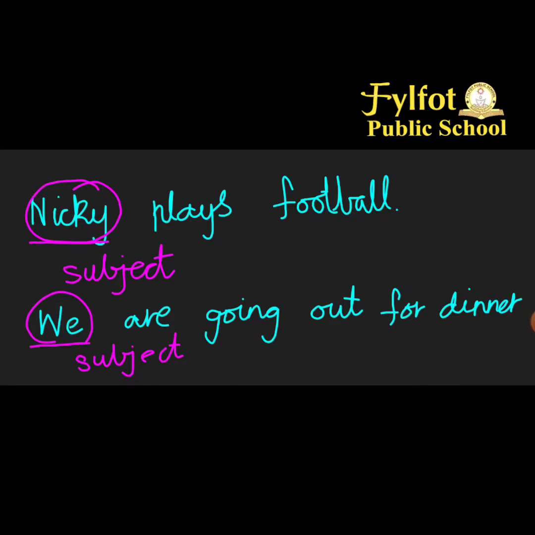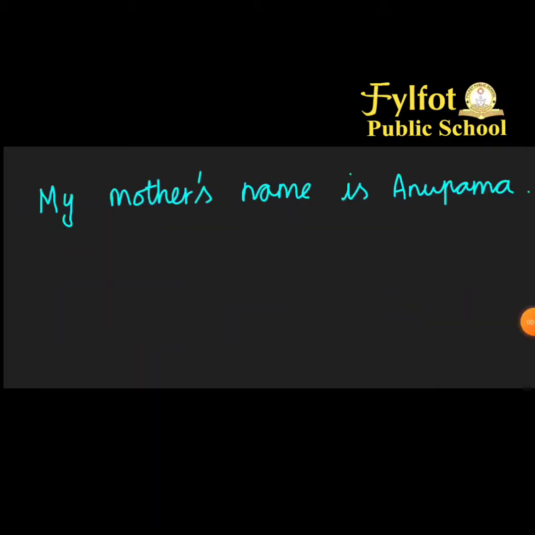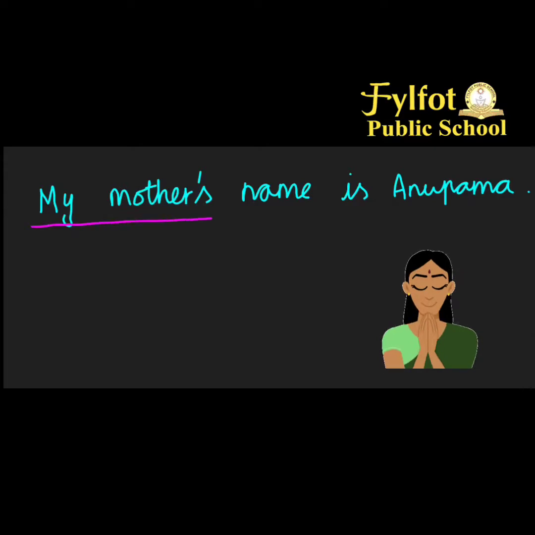Now let's see one more example. Here in this sentence, my mother's name is Anupama. So my mother's name is a noun phrase, and it is the subject in this sentence.